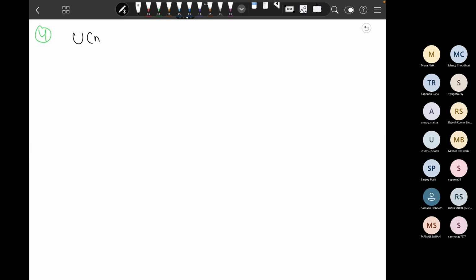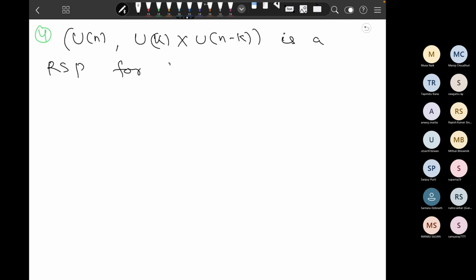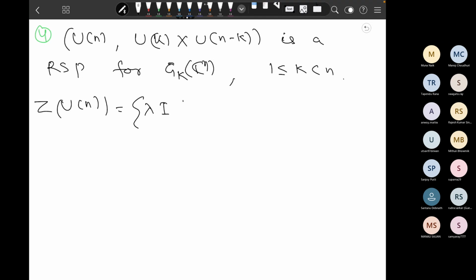So this U(N) over U(K) × U(N−K) is a Riemannian symmetric pair for Gr_K(C^N), with 1 ≤ K < N. If you look at this Z of U(N), this is really λI, so that |λ| = 1.